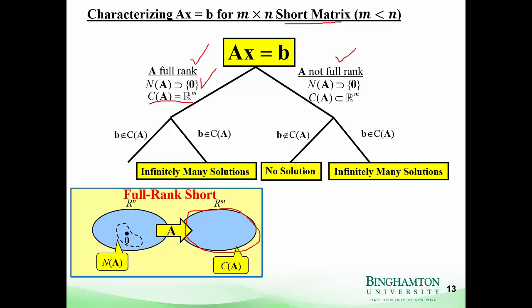So there is no B that I can pick that won't lie in the column space when I have full rank. So this path cannot happen. As soon as I know I've got a short matrix with full rank, I'm right there. But look at my null space. My null space is not just the zero vector.